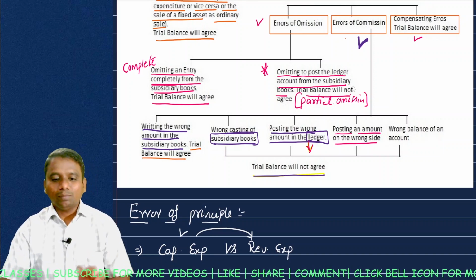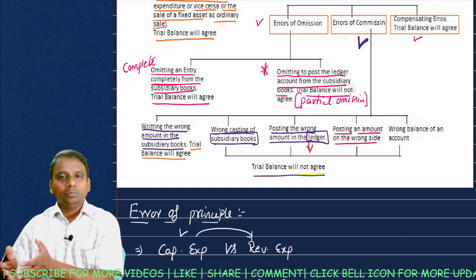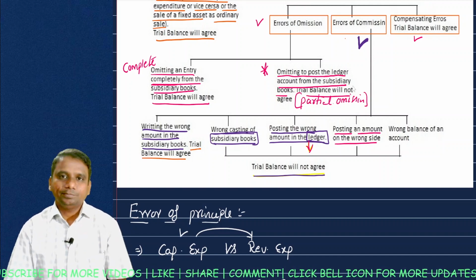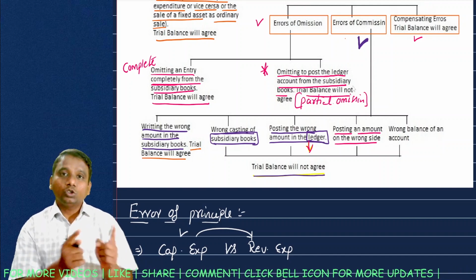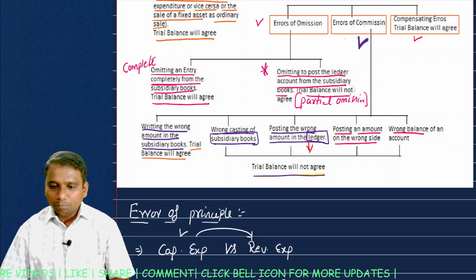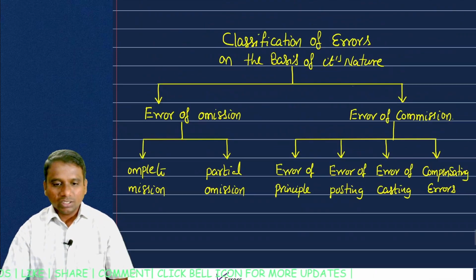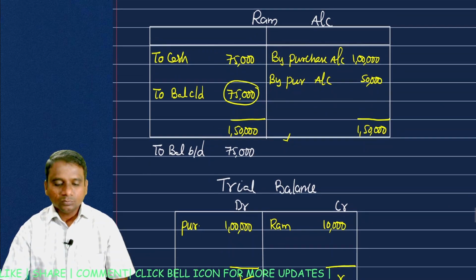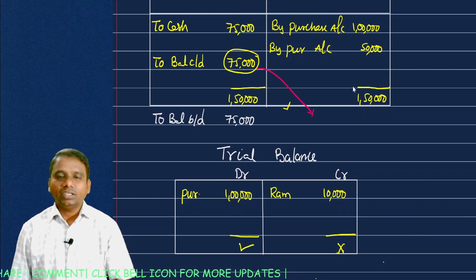Posting an amount on the wrong side. The account should be credited, but we have taken it to the debit. So this is called posting on the wrong side. This also we have seen in the previous video. Next, look at wrong balance of an account. This also we have seen. Actually this should be shown on the credit side.